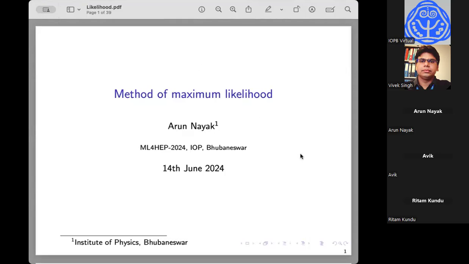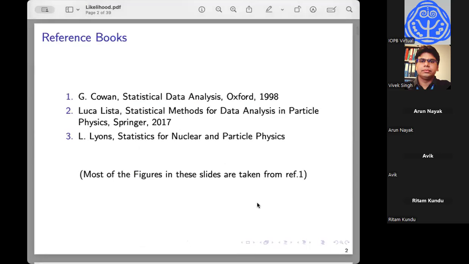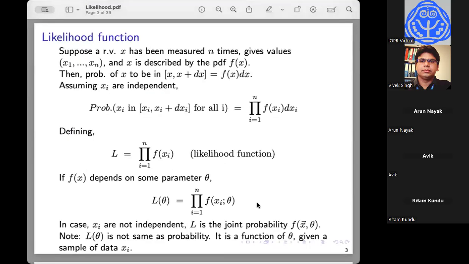Okay. Now we discussed some estimators using their functional form. Now let's move on to the likelihood method.